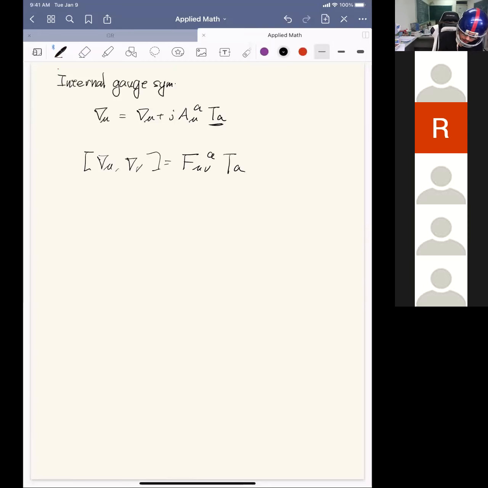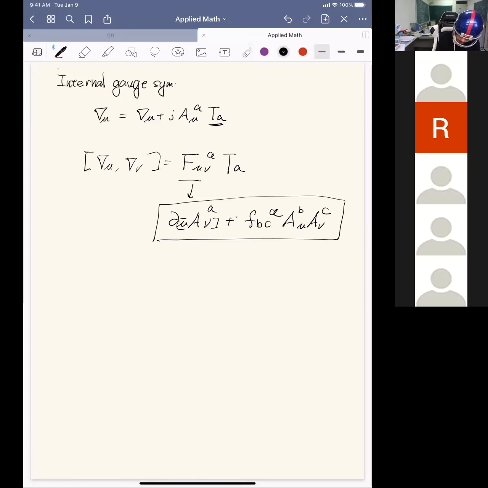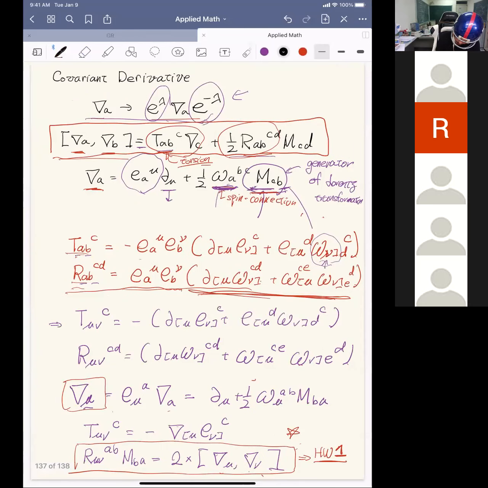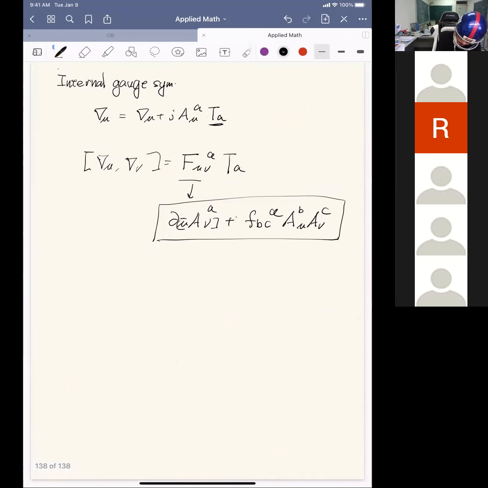We had something like this before, where F mu nu, if you write this out, is just partial mu A nu A minus partial nu A mu A plus, if you remember, F BCA A mu B A nu C. There might be some plus or minus sign with some I factor here, but this is the form that you have. Now you can compare this to here.